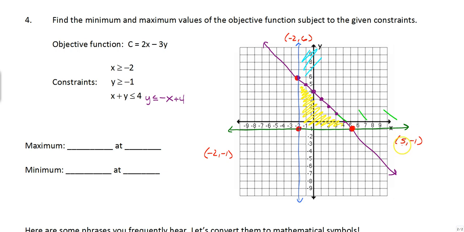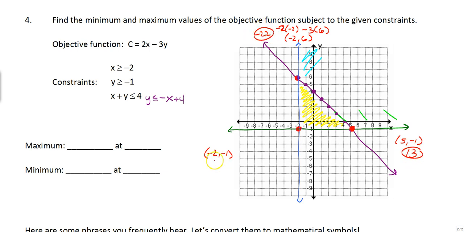So 5 times 2 is 10, minus -3 is going to give us 13 for this guy. -2 times 2 minus 3 times 6 is going to end up giving us a -4 and a -18, so it's going to give us a -22.